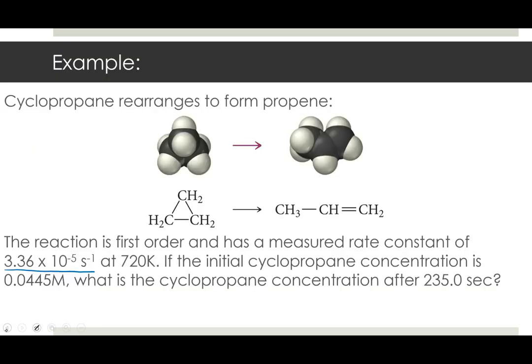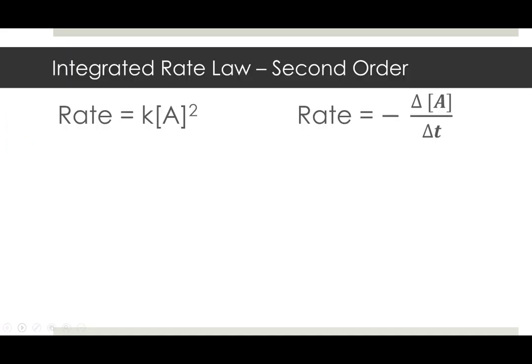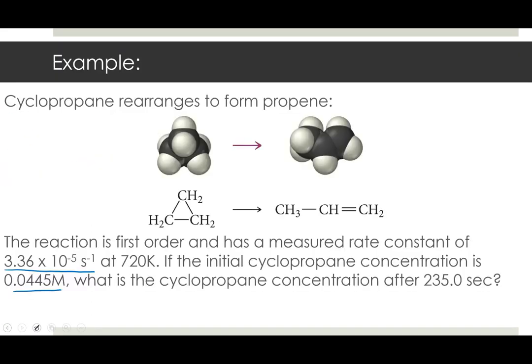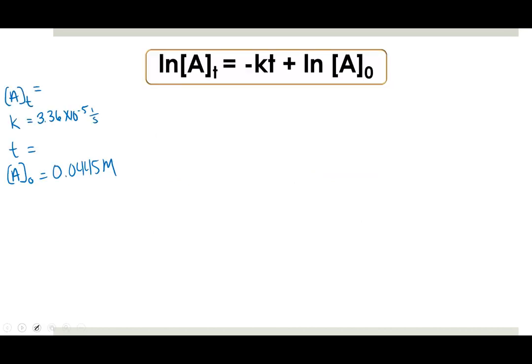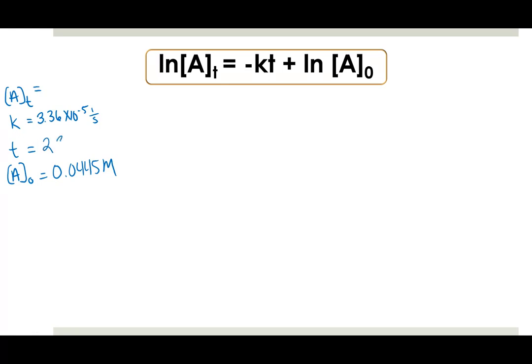The initial concentration is 0.0445, so that is the concentration of A at time 0. And then what is the concentration? We're going to let 235 seconds go by, so time is 235 seconds. We're solving for concentration at that time.